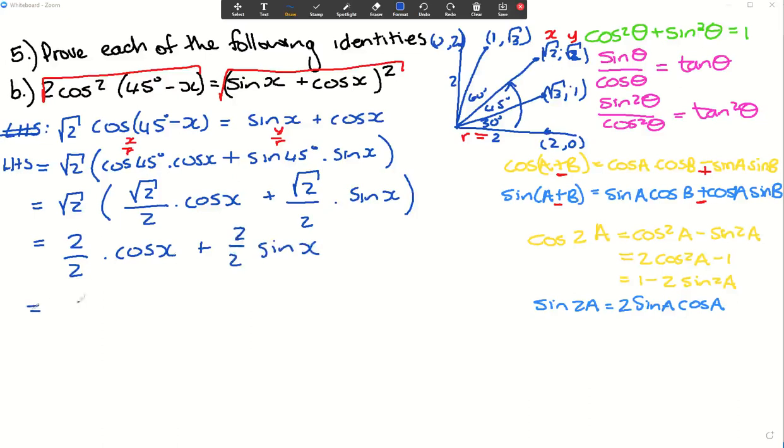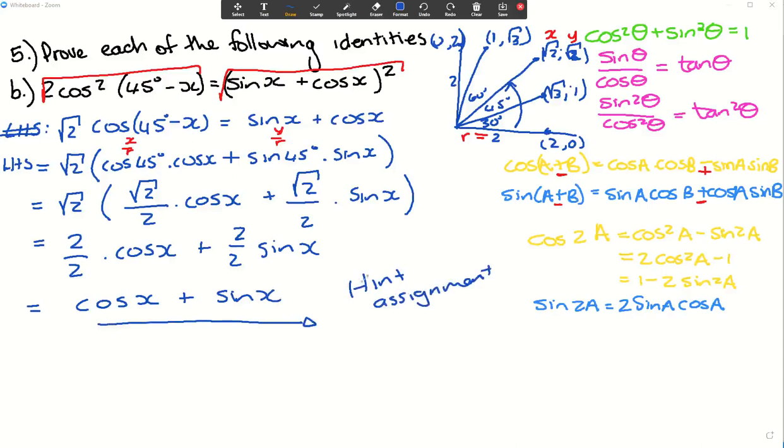And 2 over 2 is 1, so that simplifies down to cos x plus sine x. This is a nice hint towards the assignment that we do for trig in term 1.